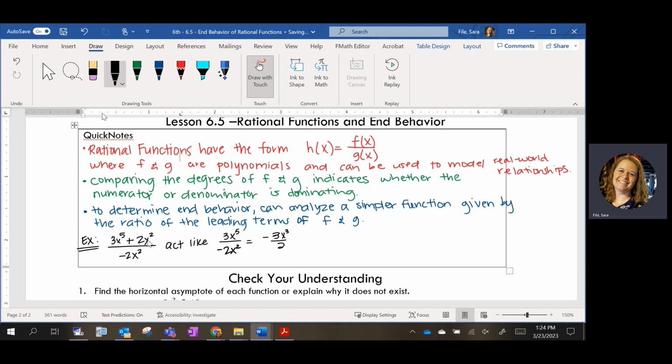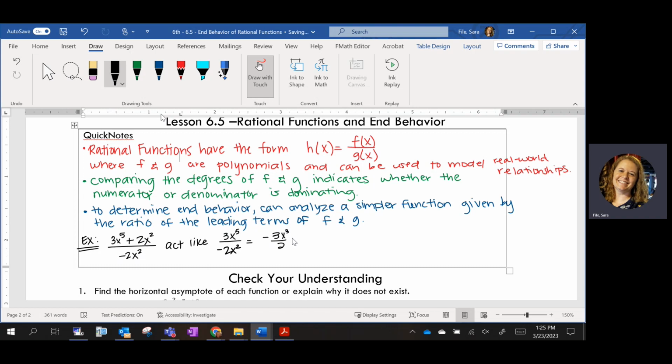So this rational function is going to behave the same at the end as this cubic polynomial, which we said in 6.4, if it's an odd degree and a negative coefficient, what would the right side of the graph be doing?